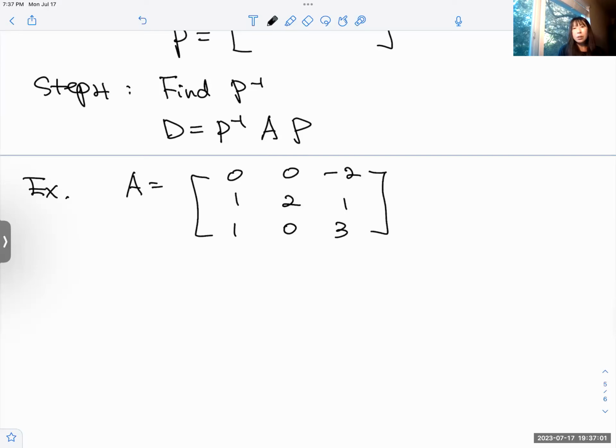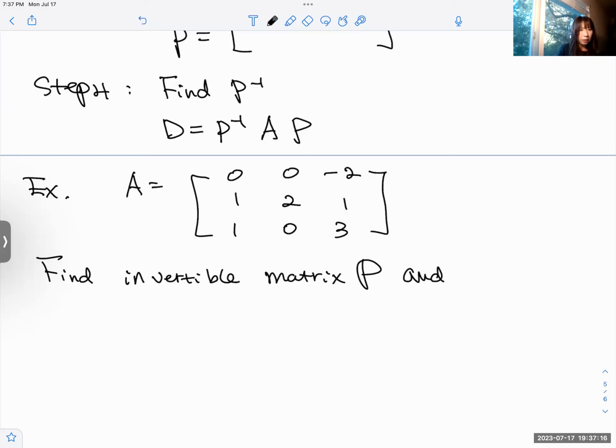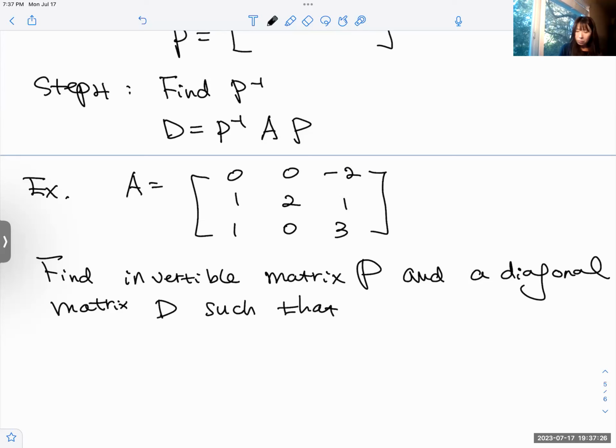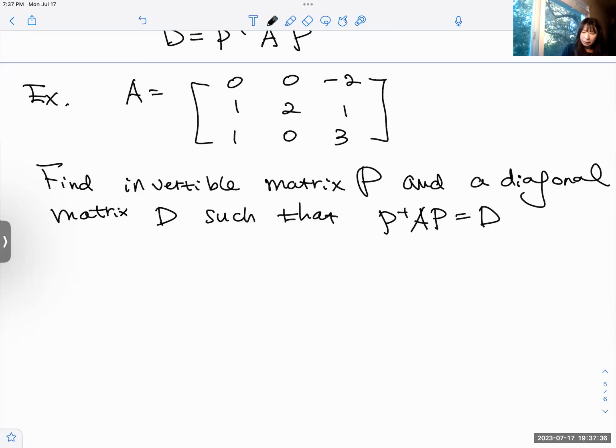Okay, so we are finding an invertible matrix P and a diagonal matrix D such that the inverse of P times A times P gives D, the diagonal matrix.